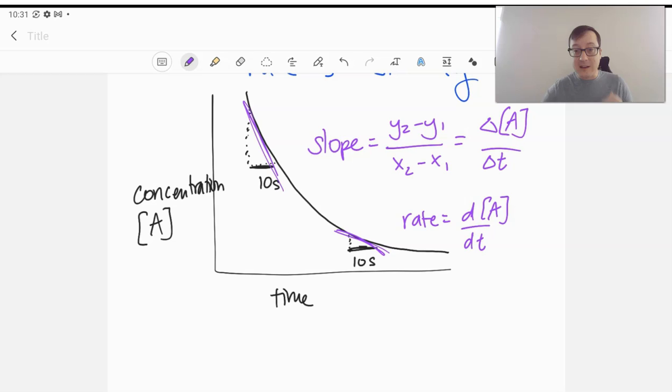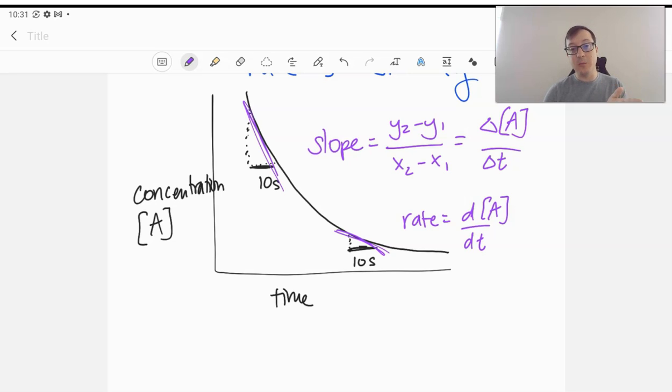It's just that in calculus we look at very, very tiny time intervals, almost instantaneous. The smaller the intervals of time we look at, the better information we're going to have. That's where calculus is more useful, but we don't need that for Gen Chem. We're really just looking at patterns here.